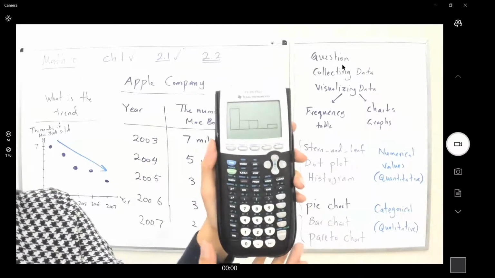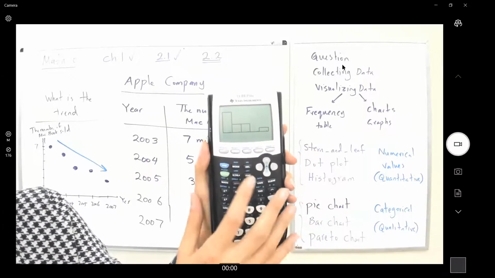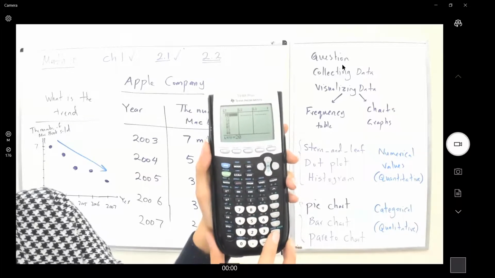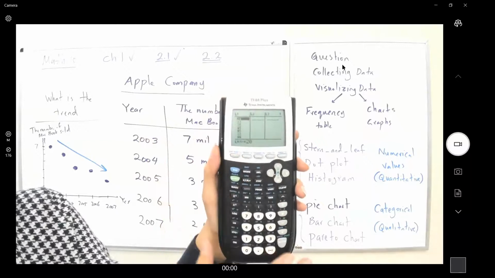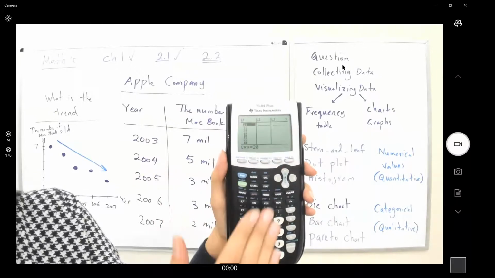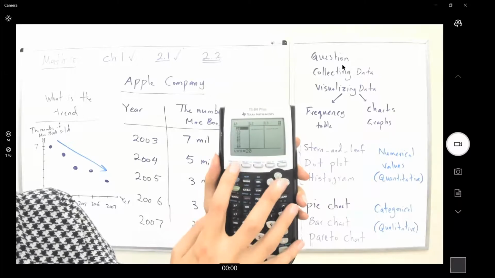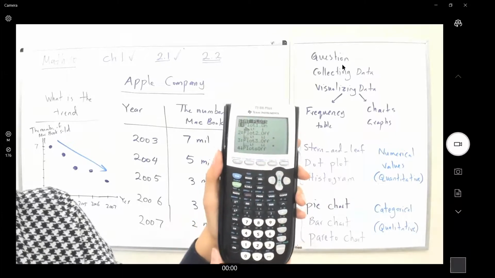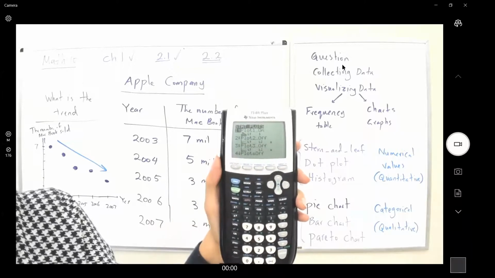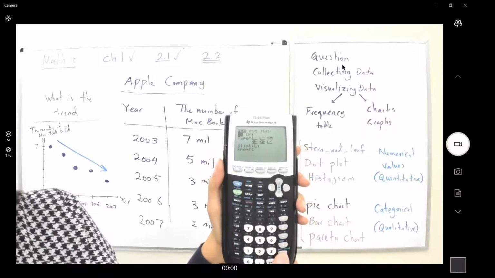So we're going to use our calculator to graph a histogram. First, we go to Stat, enter, randomly just plug in some numbers. These are the numbers that we entered here. Now, second, y equals. We have different graphs here. I'm going to select the first one for my first data set.